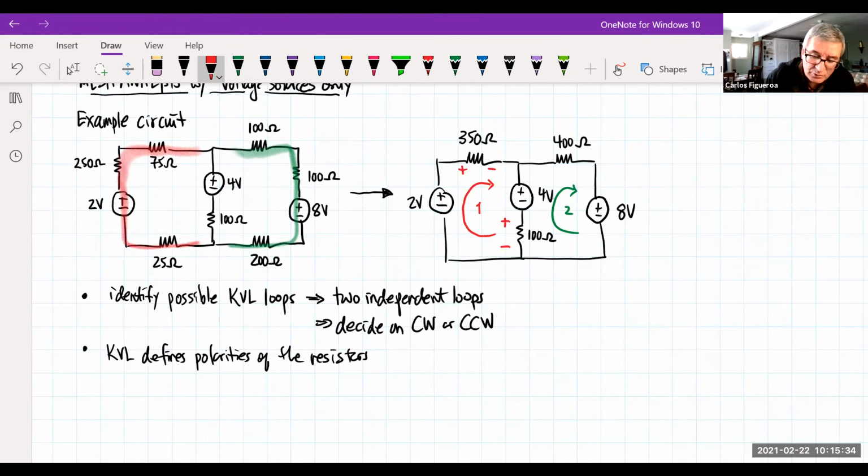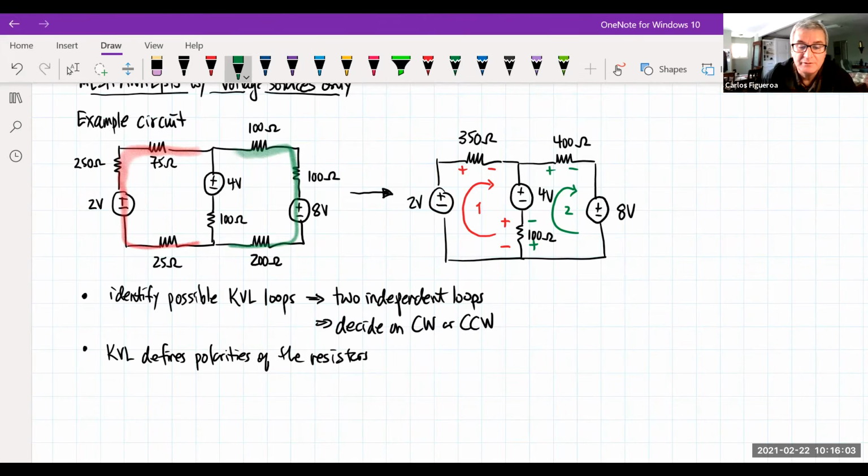But if I look at loop 2, note that I have plus and minus, and then here I have plus and minus. So the red loop defines very clearly the polarity of the 350. The green loop defines very clearly the polarity of the 400. But when you look at the 100, note that there are 2 directions of polarities, one for the red and one for the green. And we'll talk about that right now.